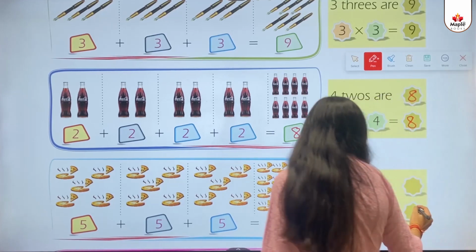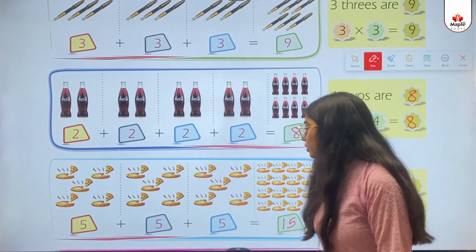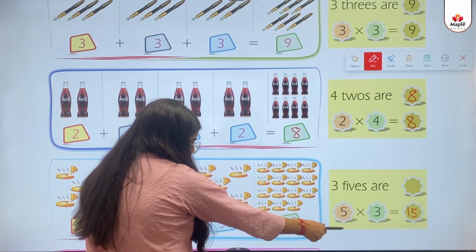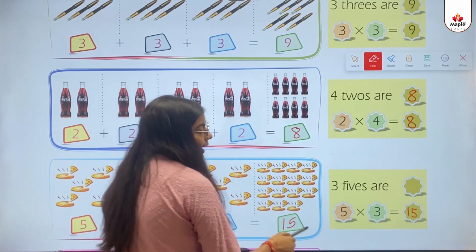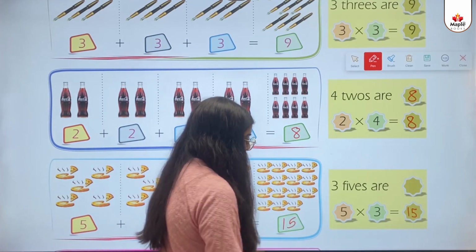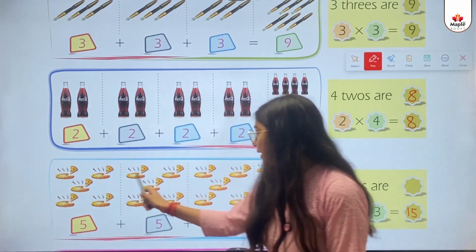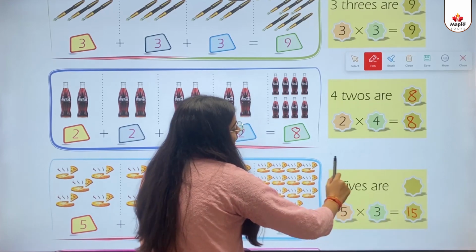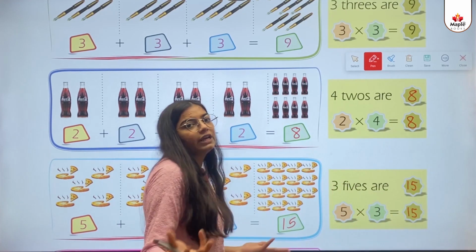So, what does it say? 5 says that in each group there are 5 objects and 3 says there are 3 groups, as you can see 1, 2, 3. So, 5 threes are 15, 3 fives are also 15.